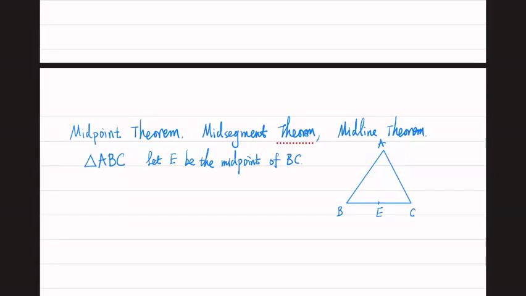Then we draw two lines through this midpoint. One parallel to AB. Another one parallel to AC.